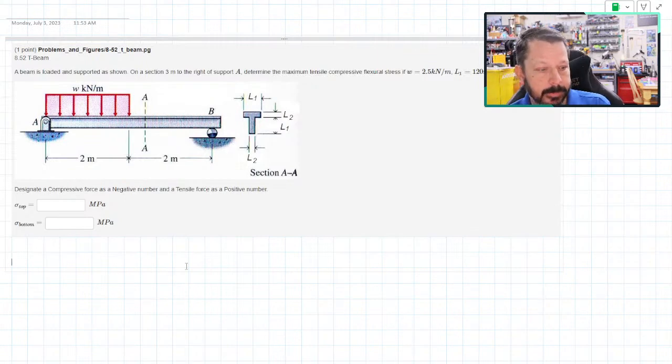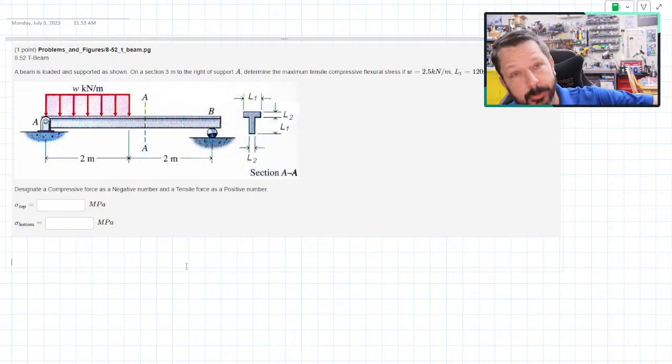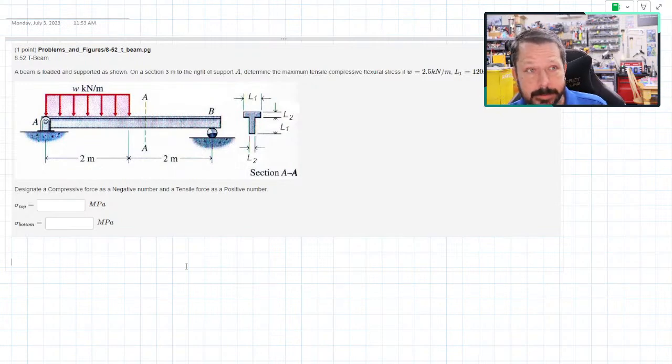If you're in civil engineering or mechanical engineering, you would take another course or several courses after this one, and you would start combining these loads. Things would stretch and twist and bend all at the same time. Here we're making them discrete little topics. So right now we're in the flexing or bending area.